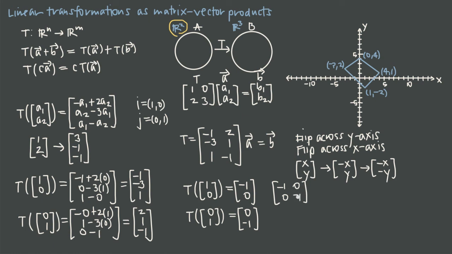Now we can use this, multiply it by any of our vertex vectors, and get the transformation of each of those. So let's say we multiply this by first the vector 4, 1. When we do, we'll get, as a result, -4 plus 0, that's just a -4, and then 0 and a -1 is a -1.